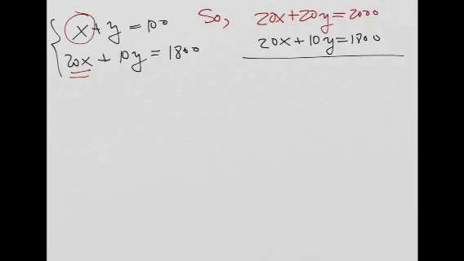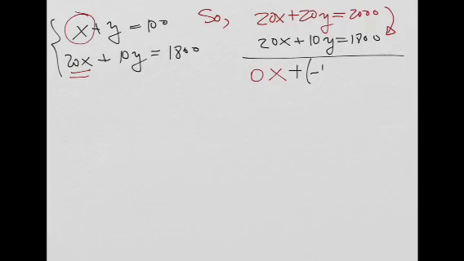So now, right, why did I multiply the top by 20? Because now I can subtract the top from the bottom. And now I'm going to get, so 20x minus 20x, that's 0x, right? 0x plus, what do I have here? 10y minus 20y, right?